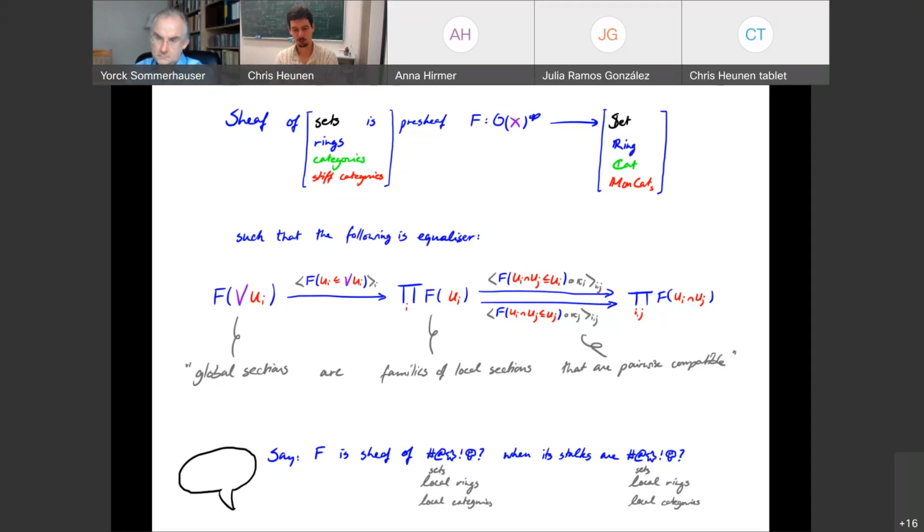And specifically, we're going to be interested in local categories. So I'm going to say that F is a sheaf of local monoidal categories. That means it's a sheaf on a base space that takes values in monoidal categories, but all of the stalks are going to be local categories, right? And that's going to be one half of the theorem. We're going to show that something is always a sheaf of local monoidal categories. And this is what I mean.